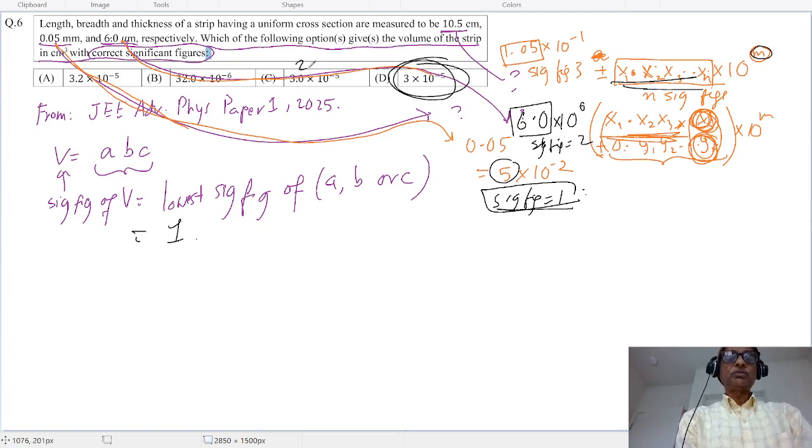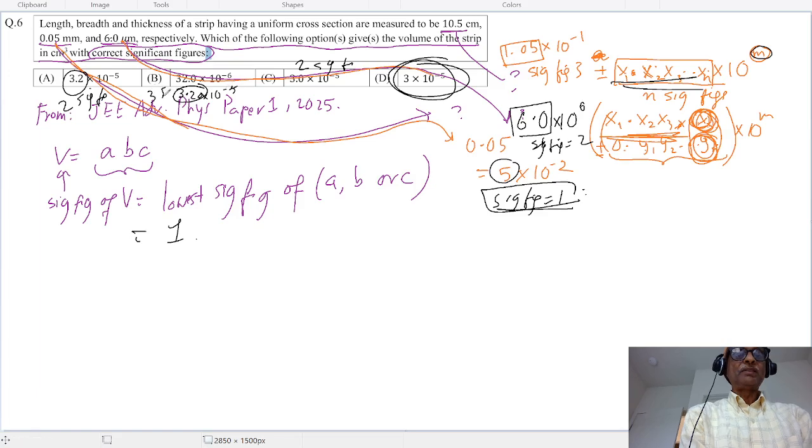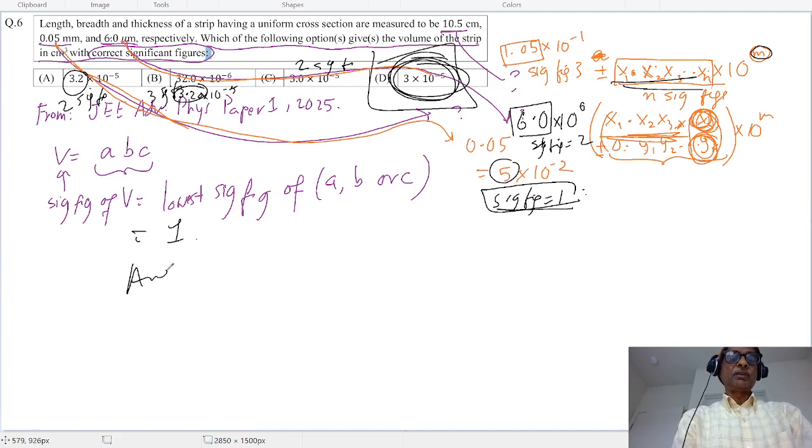This has 2 sig figs. This one will be 1, 2, 3 sig figs. So this should have been written 3.20 times 10 to the minus 5. 3 sig figs. This is 2 sig figs. This is 3 sig figs. So this is 1 sig fig. So D is the answer. Answer is D.